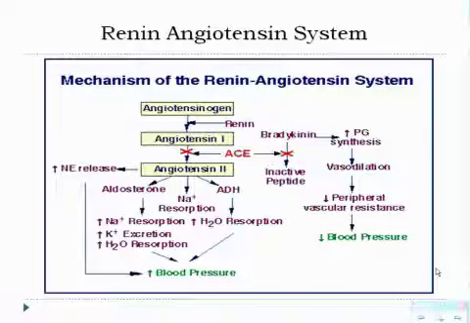The other, of course, mechanism that regulates blood pressure is your renin-angiotensin system. We've gone through this ad nauseam, so I want to make sure that you still know it for the next test, because you should know this like the back of your hand by the time you get to clinical. Angiotensinogen goes from its inactive state to its active state by renin.